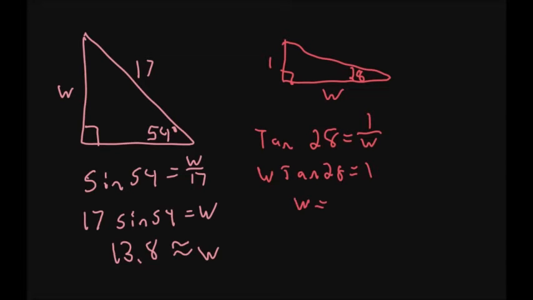So I get W equals 1 divided by the tangent of 28. So you just type that in: 1 divided by tangent of 28. And you get W is about, again, we'll just round to the nearest tenth, 1.9. So look at what you have. Do you have opposite and hypotenuse, adjacent and hypotenuse, or opposite and adjacent? And that will tell you which trig function to use.